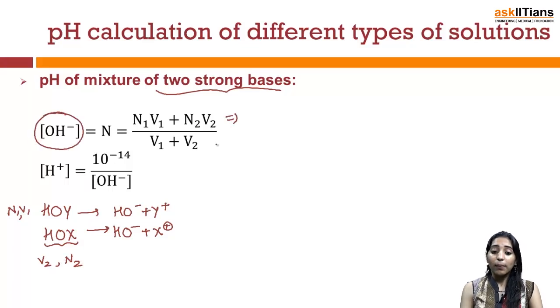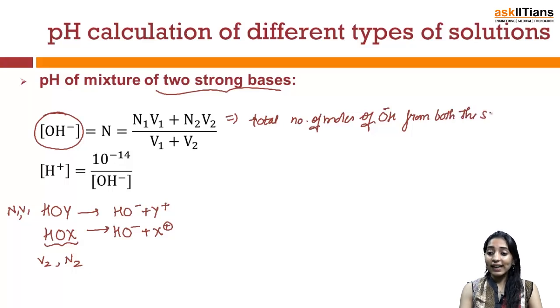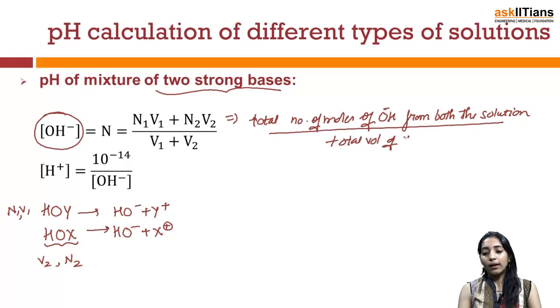It's nothing but we will add the total number of moles of OH minus from both the solutions, and then I'll divide this value by the total volume of solution. So here I'll be able to find the concentration of OH minus.